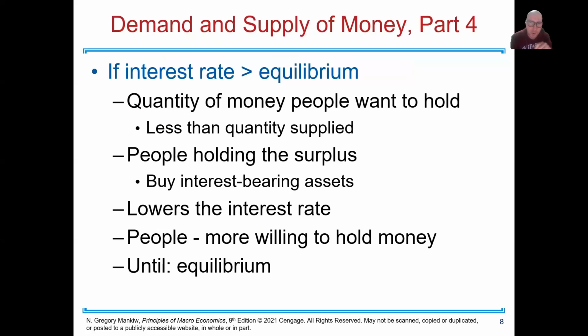If the interest rate is greater than the equilibrium, people holding surplus cash will want to buy interest-bearing assets. The interest rate needs to come down, and more people will be willing to hold cash until equilibrium is established again.